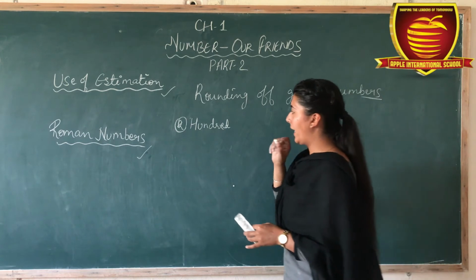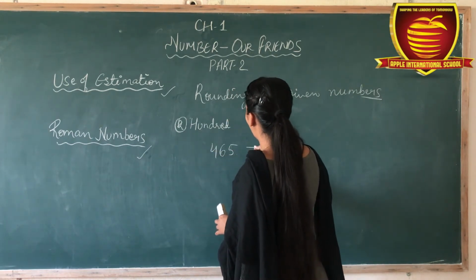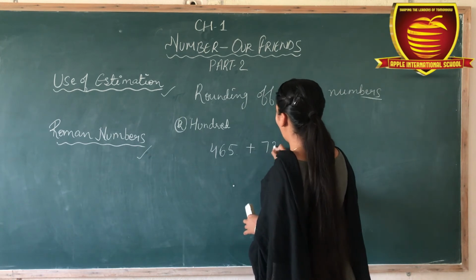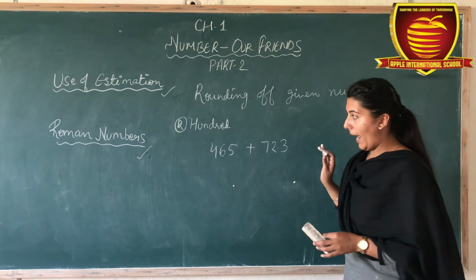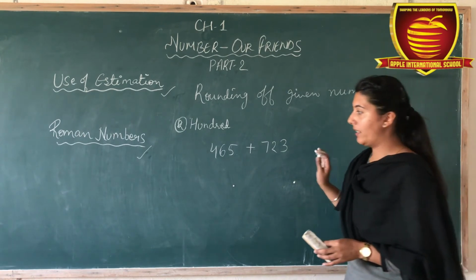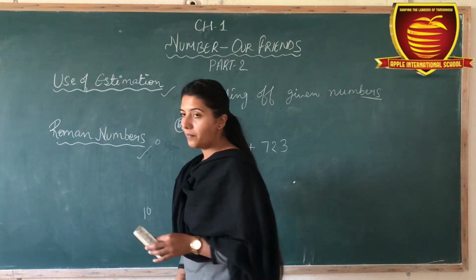Okay, so here I take 465 plus 723. At the tens place we take the estimation of 0 to 10.